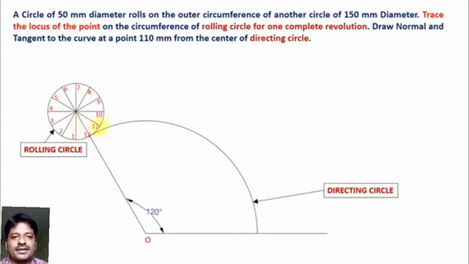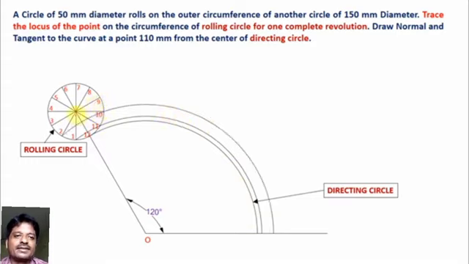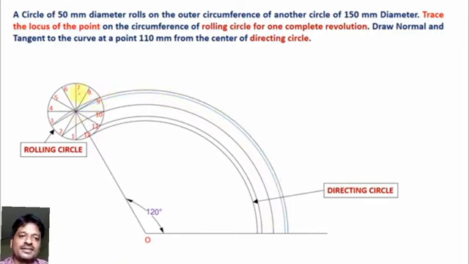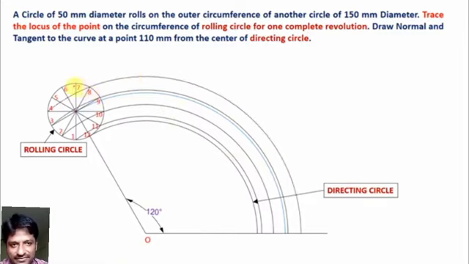Now take the arc from all the 12 equal divisions like this. So for 11, then 10, then from the center. So this is the blue line which represents the center arc of the rolling circle. And then from 9, then from 8, then from 5, 7, 6.